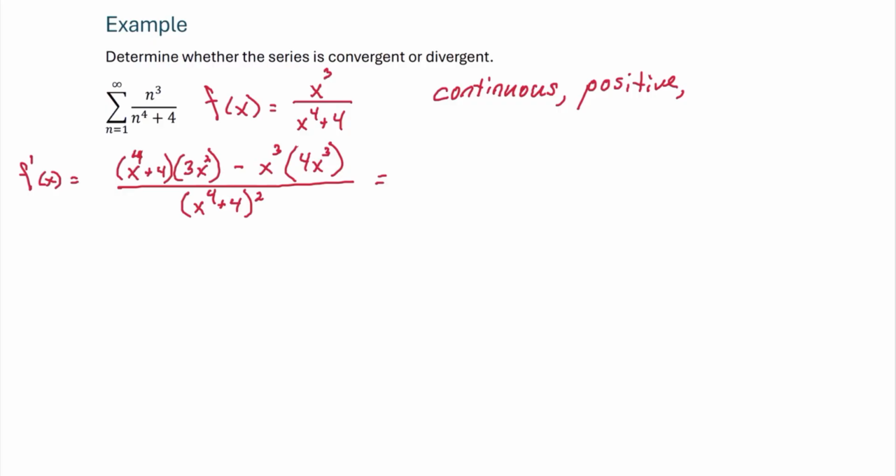Next, we'll simplify that. That gives us 12x squared minus x to the 6 divided by x to the 4th plus 4 squared.